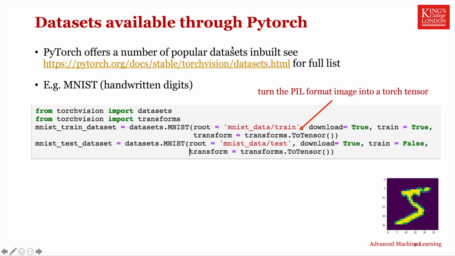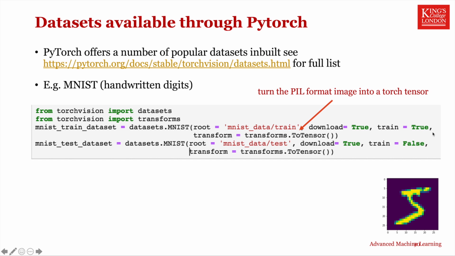To download MNIST, for example, you need the following lines of code: importing the dataset module from Torch Vision and the module that supports transformations of your data. You can call the MNIST data constructor then as follows, noting that the dataset has already been separated out into train and test sets, so you need to specify paths separately for these.